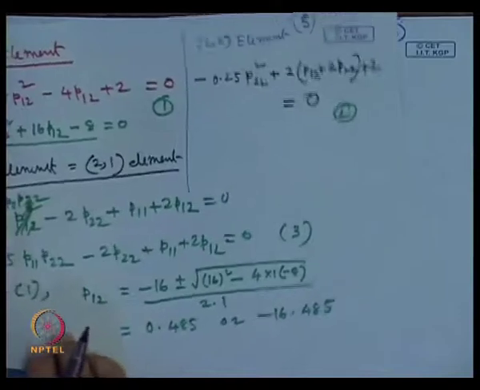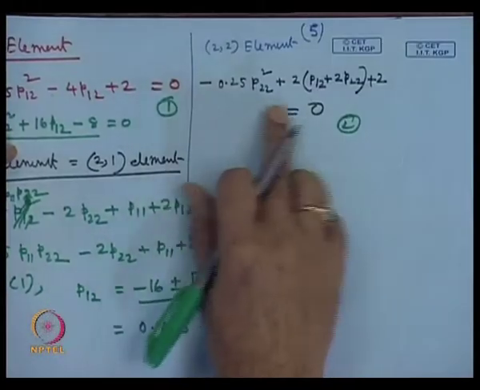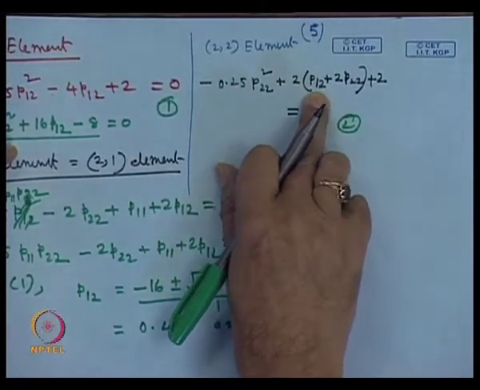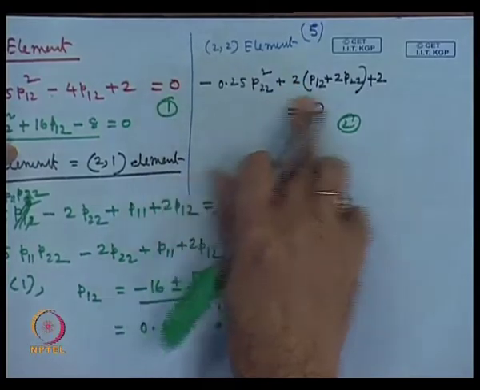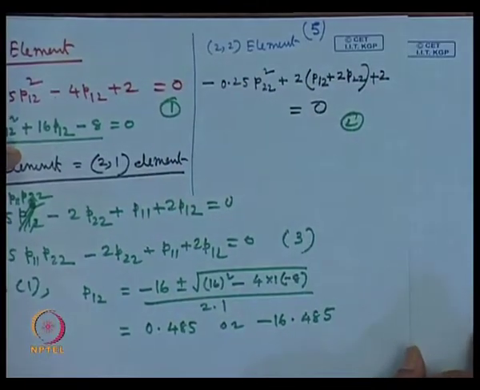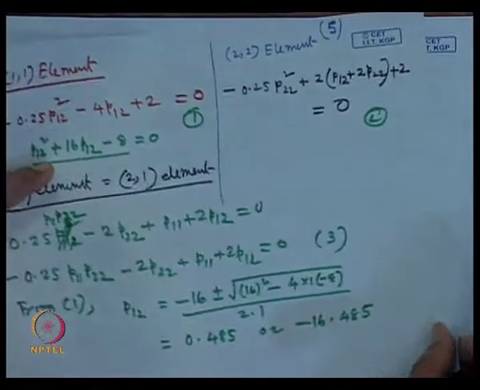From equation 2 I know the P2 value here. If you put the P2 value here, you will get a quadratic equation in P22 form.